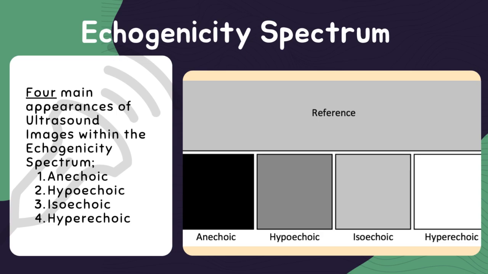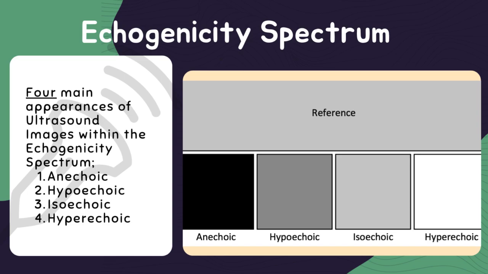Firstly, objects in an ultrasound image can appear anechoic or completely black. Here, no echoes are received from this surface or from the object by the transducer at all.